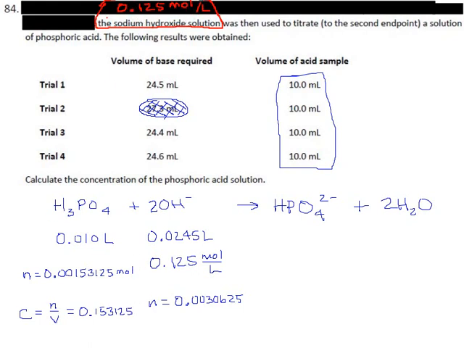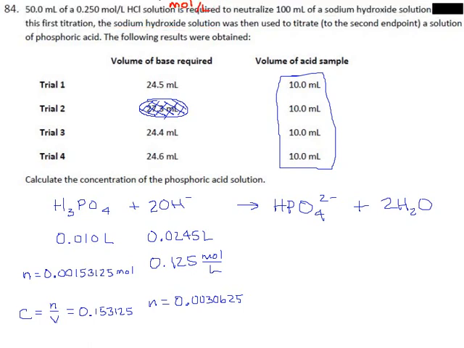And how are we on significant digits? 3, 3, 3. Yeah, this one's consistently 3 sigdigs, so our answer should be 3 sigdigs, so 0.153 ought to do it. 0.153 moles per liter.